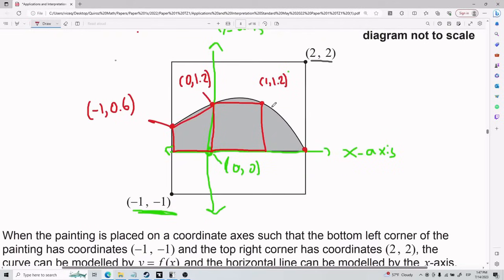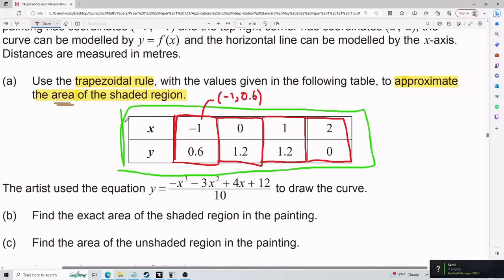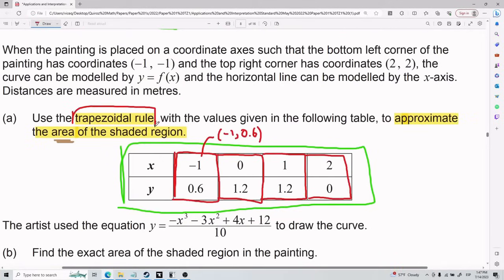So here we have 2, comma 0. All right, so those are my trapezoids. How many trapezoids are there? We have 1, 2, 3. And so I will find the approximate area of the shaded region by adding these 3 trapezoids. How do I do that? By using a fancy formula that is called the trapezoidal rule.